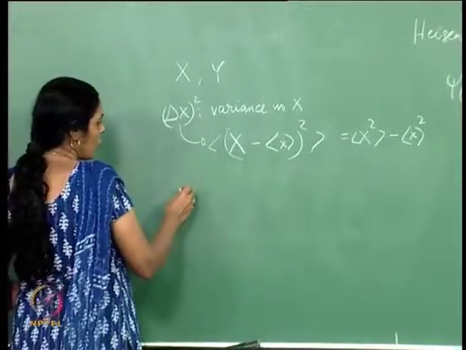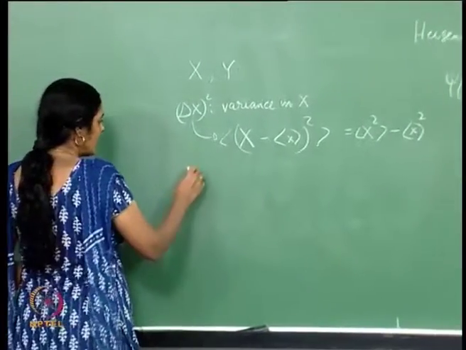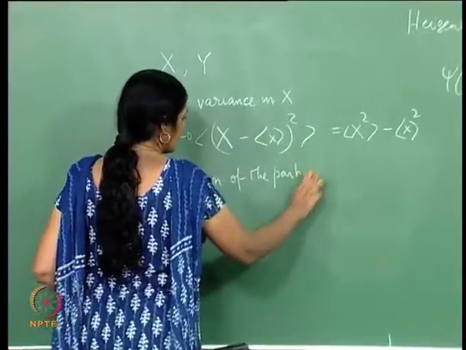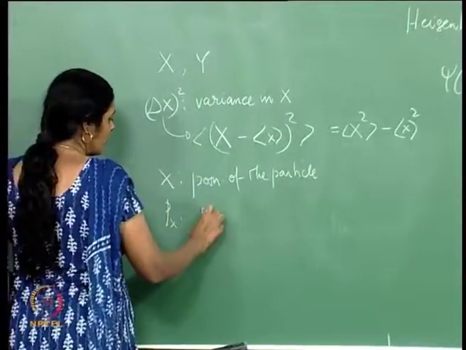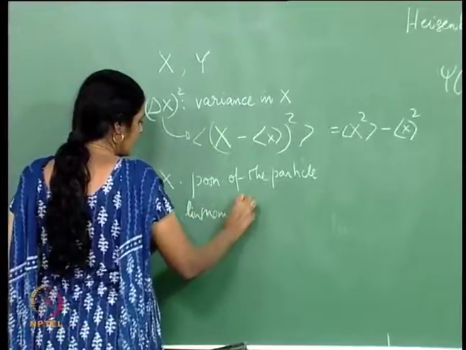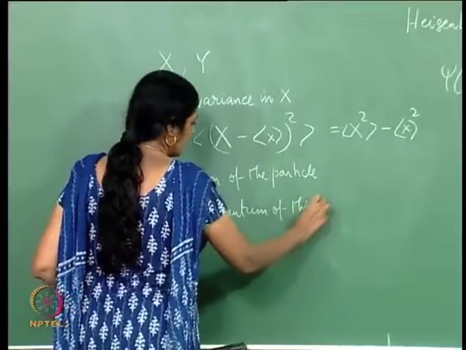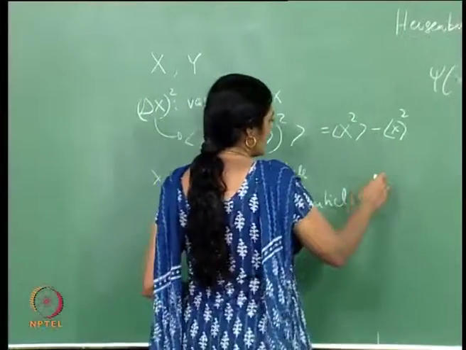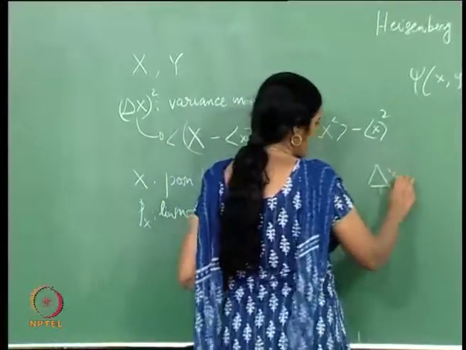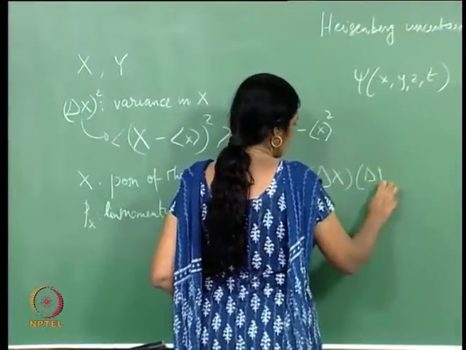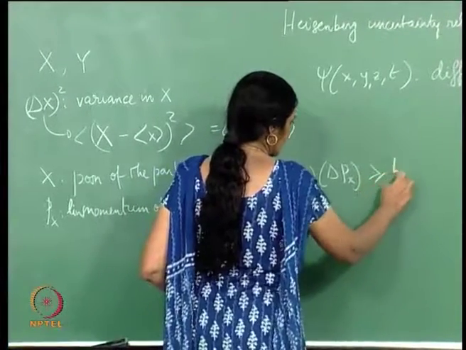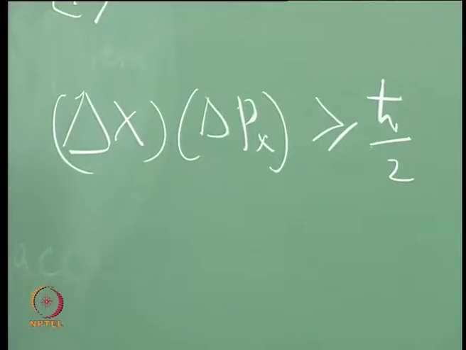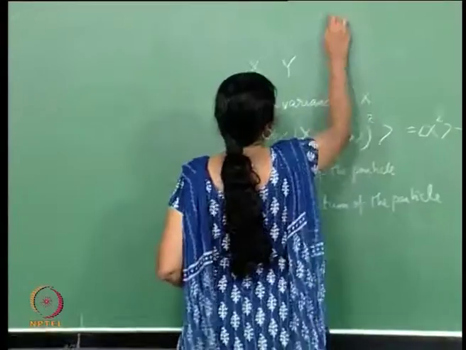In the particular case of a particle moving along the x axis, let x denote the position of the particle, and p sub x the linear momentum. The Heisenberg uncertainty principle in this context says that delta x delta p sub x should always be greater than or equal to h cross by 2, where h is Planck's constant and h cross is h by 2 pi.